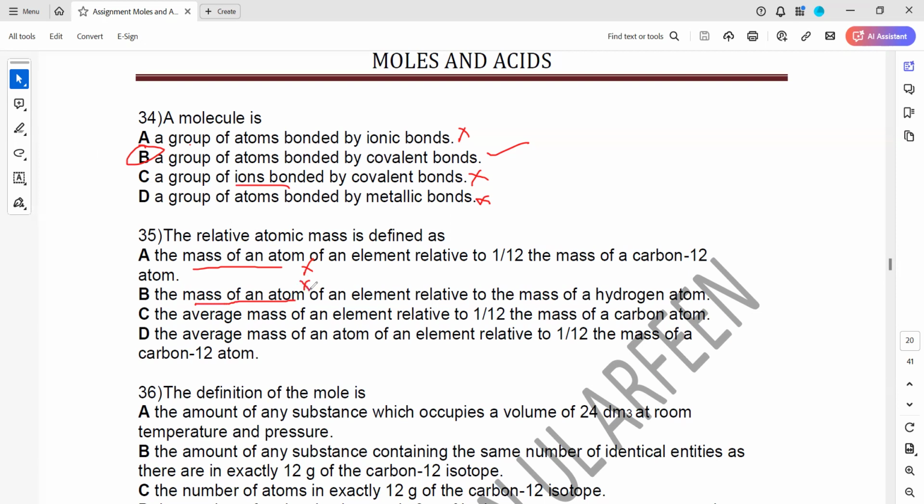Average mass of an atom, not an element. So it's an average mass of an atom of an element. When we take an atom of the element and compare with the 12th part of carbon 12, we call that average mass the relative atomic mass. So the correct definition is D.